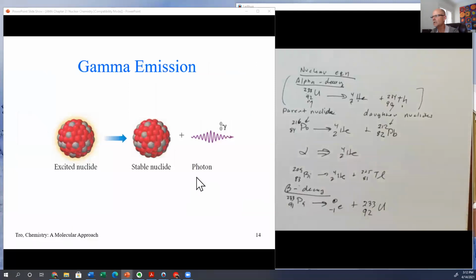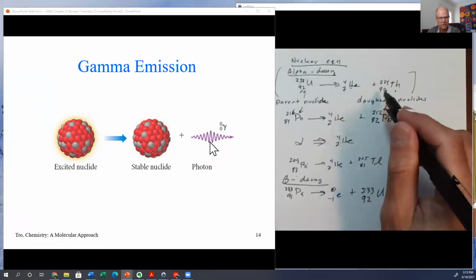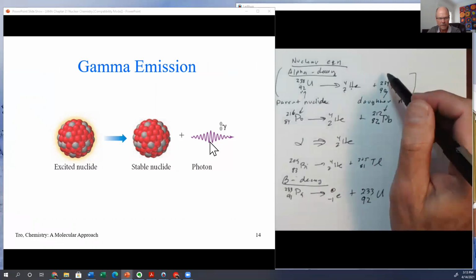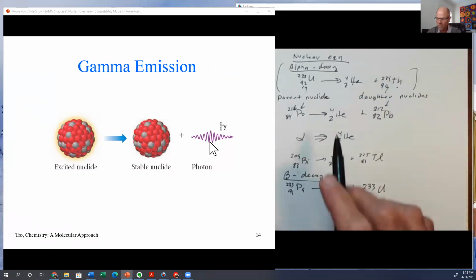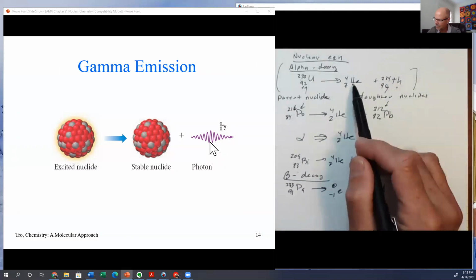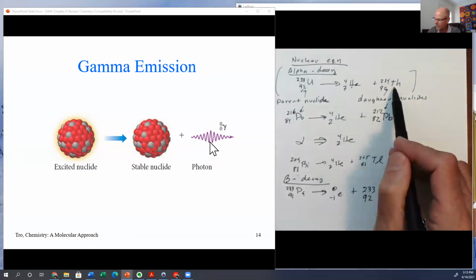Gamma emission is just the emission of an energetic particle. This actually is a photon. Gamma emission is often associated with other kinds of emission. For example, here we said that uranium gave off an alpha particle to form thorium.